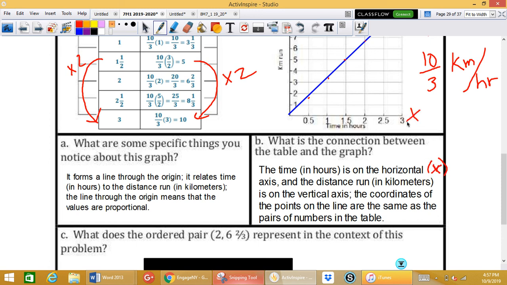This is our x. And the kilometers are on the vertical axis, which is our y. So the coordinates of the points on the line are the same as the pairs of numbers in the table.